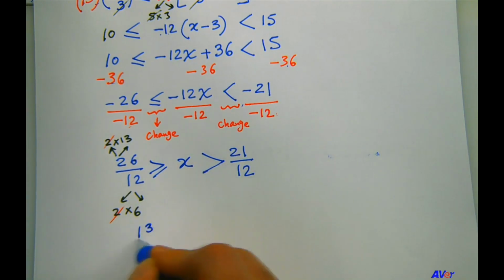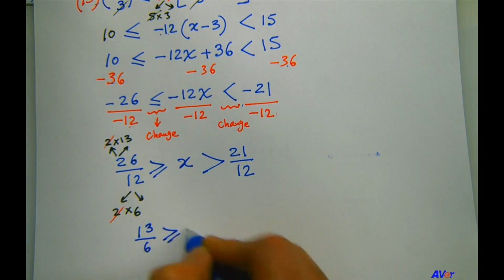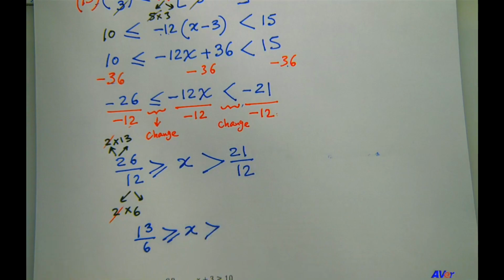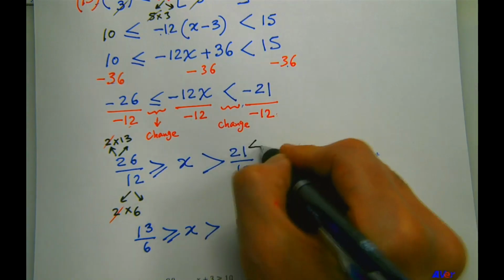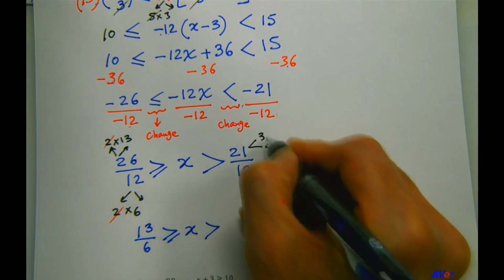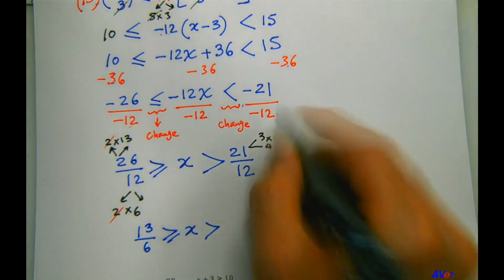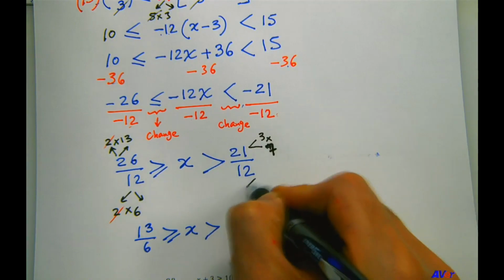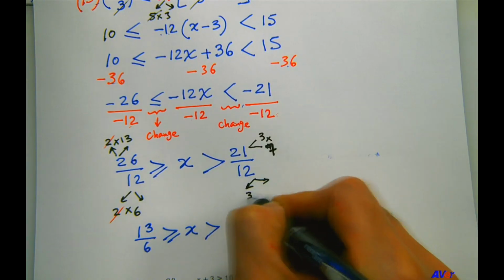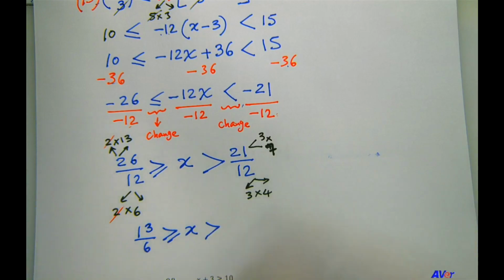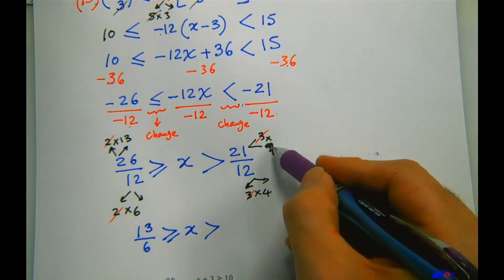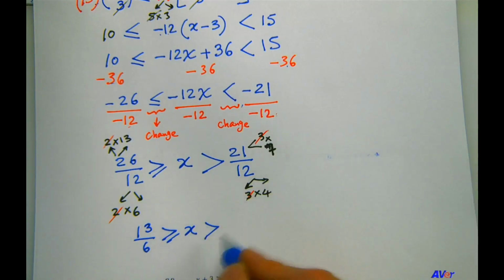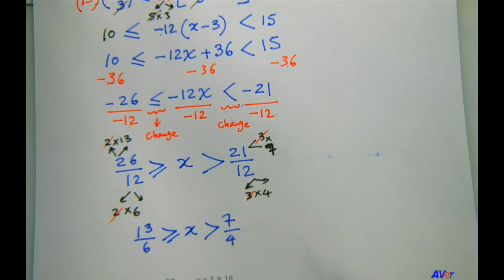And then 21 and 12: 21 is 3 times 7, and 12 is 3 times 4. So the 3s cancel each other out, and we end up with 7 divided by 4. Okay?